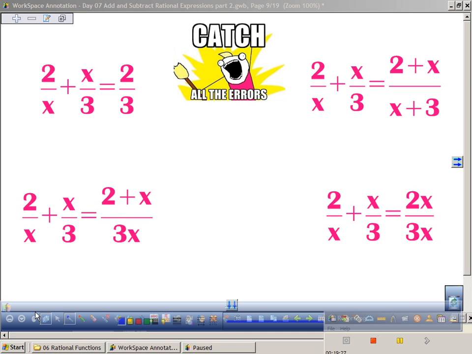Okay, so this one, the person decided they were going to cross cancel across a plus sign. That's not right. This one they added the numerators, but then they multiplied the denominators. That's not right. This is the most common one: they added the numerators and they added the denominators.